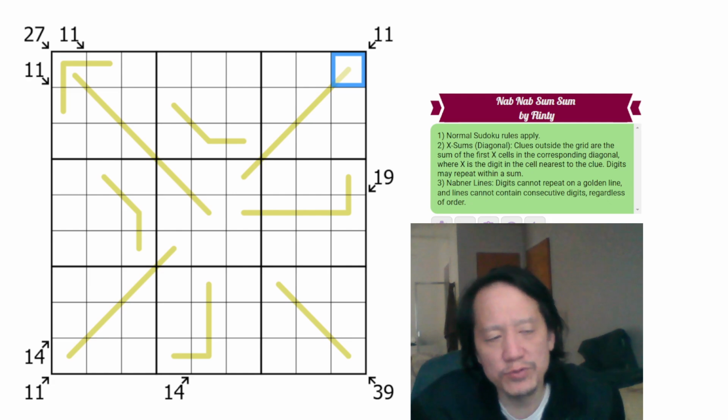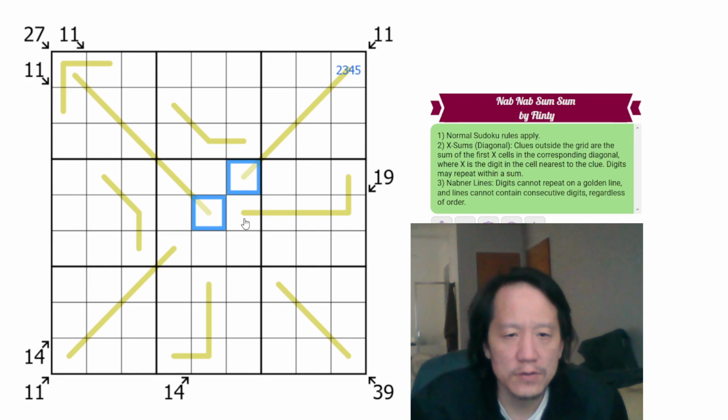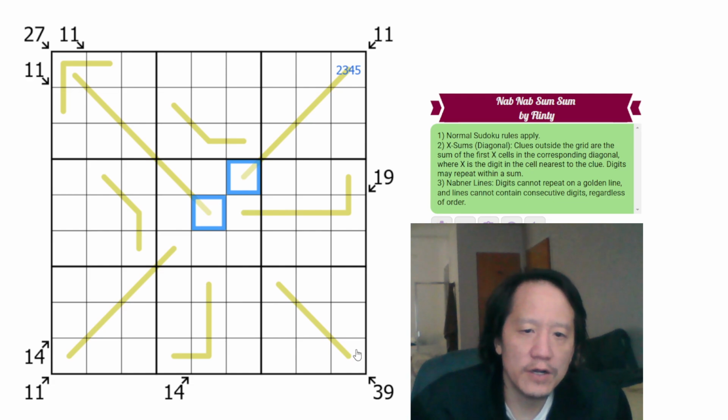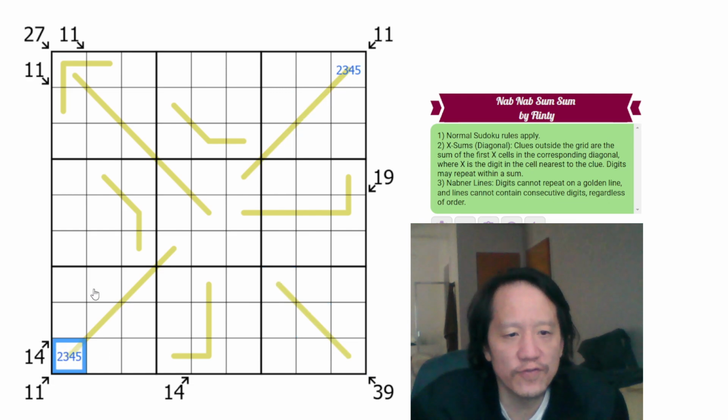It could be 2, 3, 4, or 5. Right? Because it could be 5 with 1, 2, 1, 2. That would make 8 plus 1, 2, 1, 2. This is 39 the most this could be, so this is 2, 3, 4, 5.